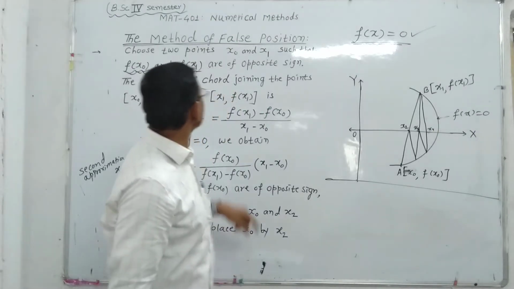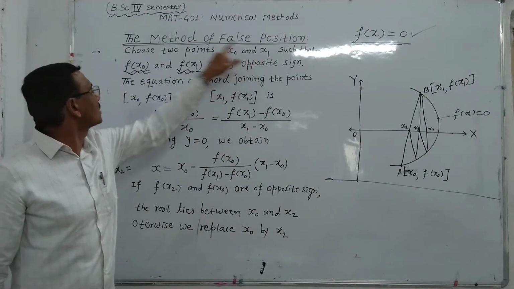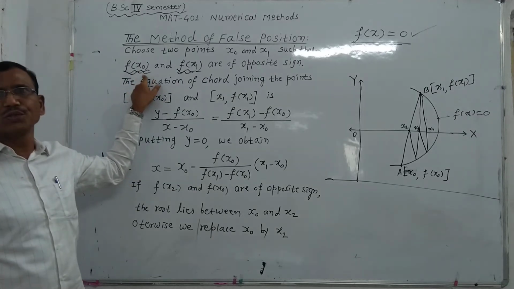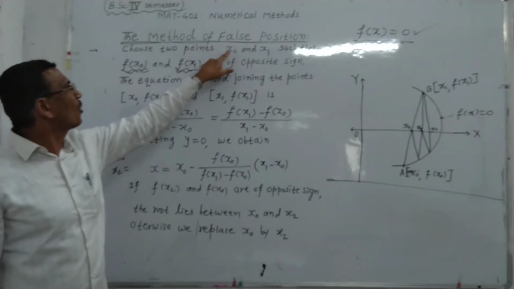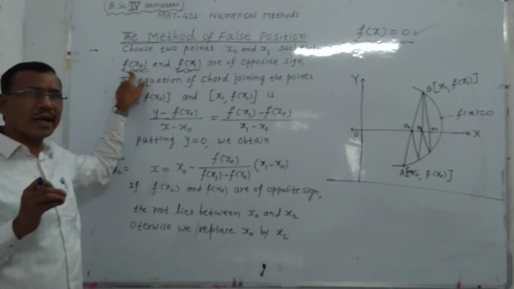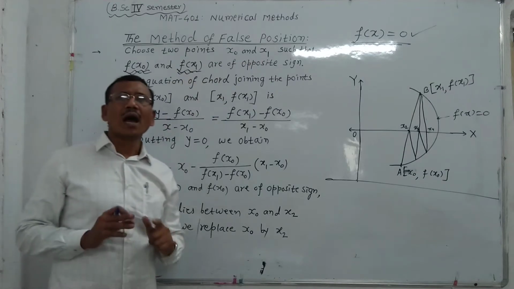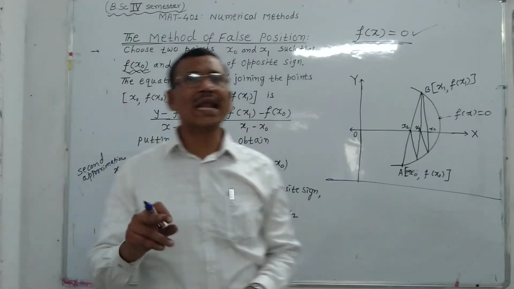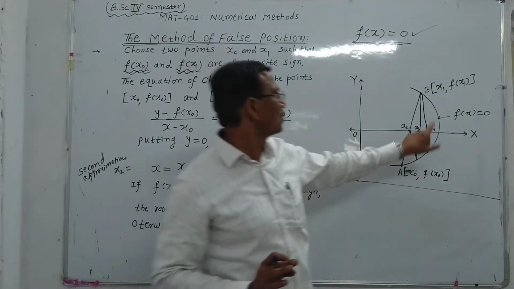As we have initially taken two points x0 and x1 satisfying the condition that f of x0 and f of x1 have opposite signs, x0, f of x0 and x1, f of x1 are two points which lie on the given curve.